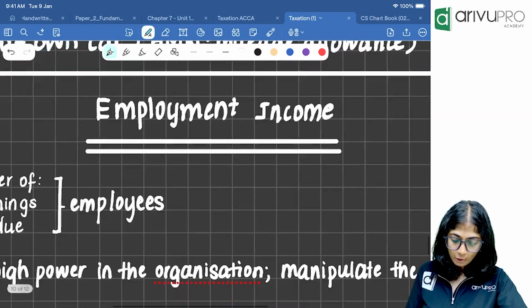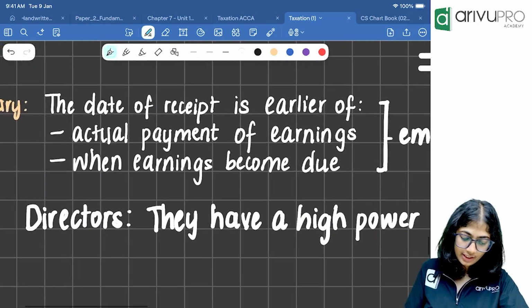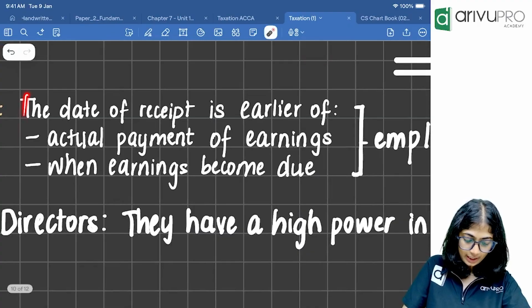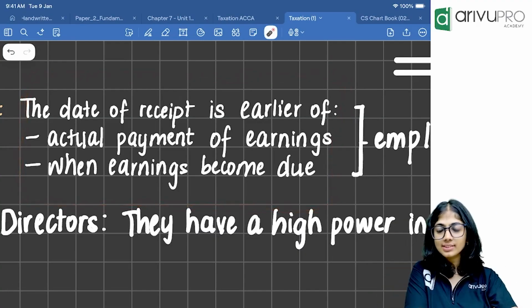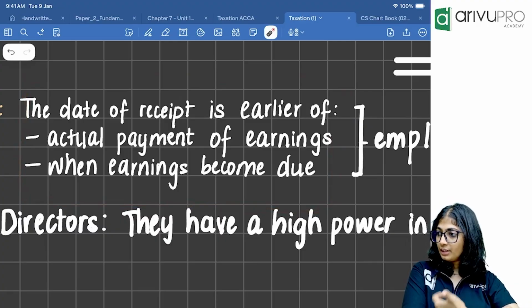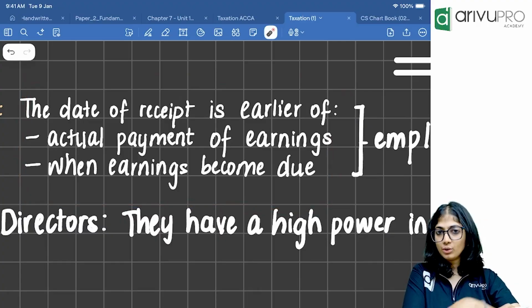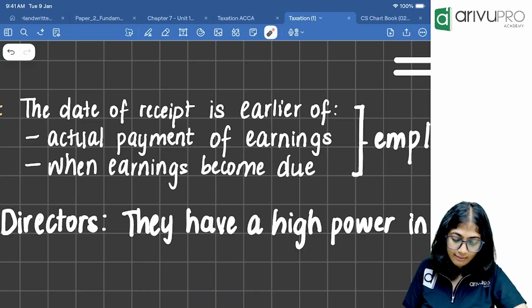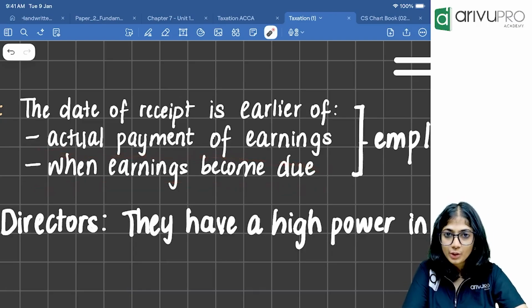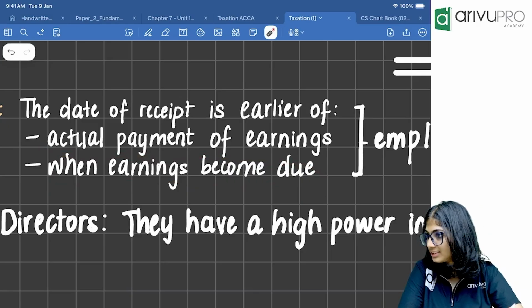Alright, so what's going to happen here, if you choose the earlier date, you can actually delay or you can actually pay yourself in advance. If you pay yourself in advance, you will have to incur more tax. If you pay later, you will get to know this as we finish the chapter, that when you manipulate it, you evade tax.